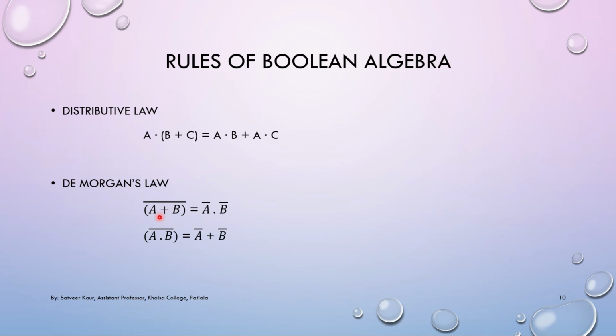That means both operations performed here are differentiated by using this bar, or you can say there is a common bar over this operation, and it will be equal to the separately performed inversion operations. In a similar way, A and B, its inversion, equals A bar or B bar. It will have the same results as this one.